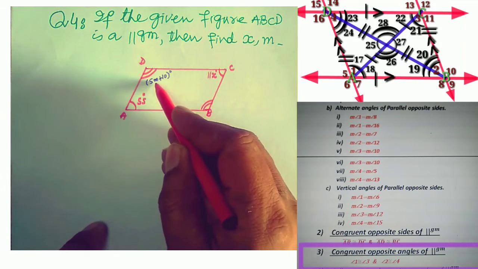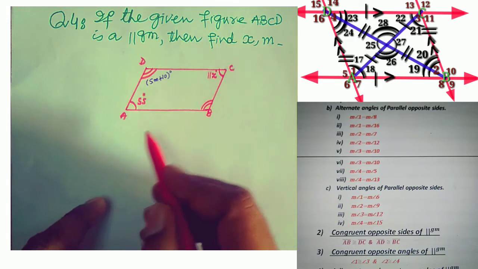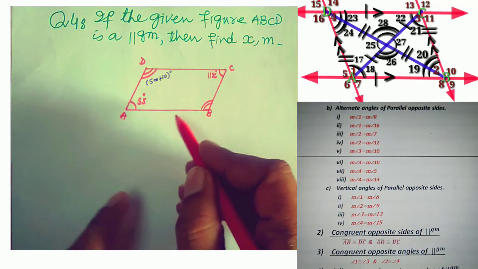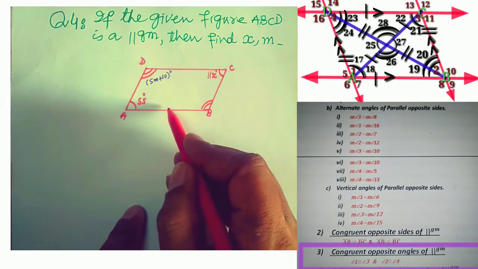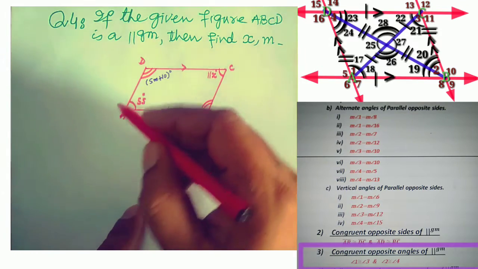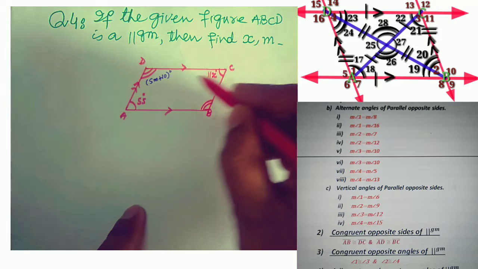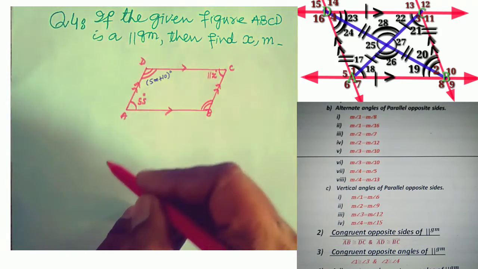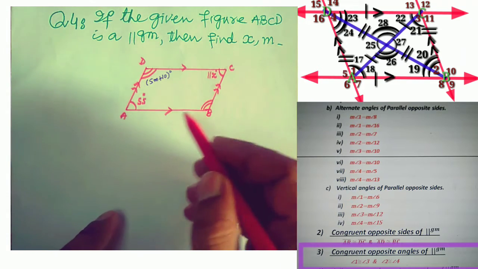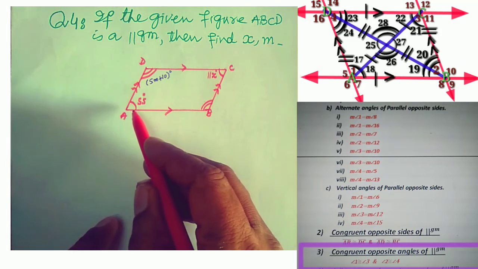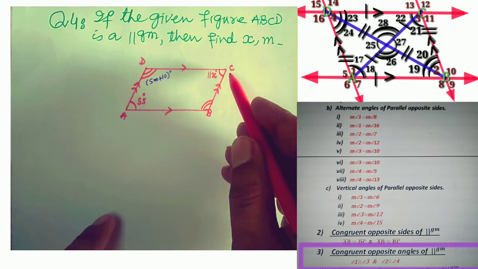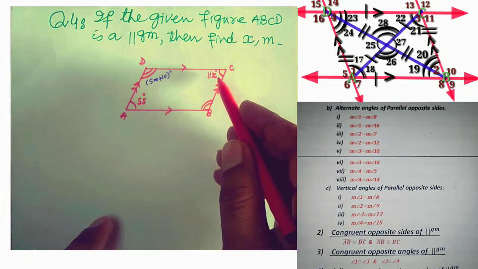We know that a quadrilateral whose opposite sides are parallel, then ABCD is a parallelogram in which opposite angles of parallelogram ABCD are congruent.